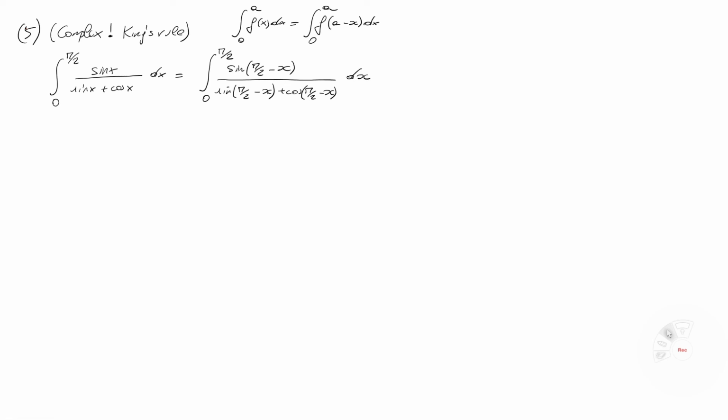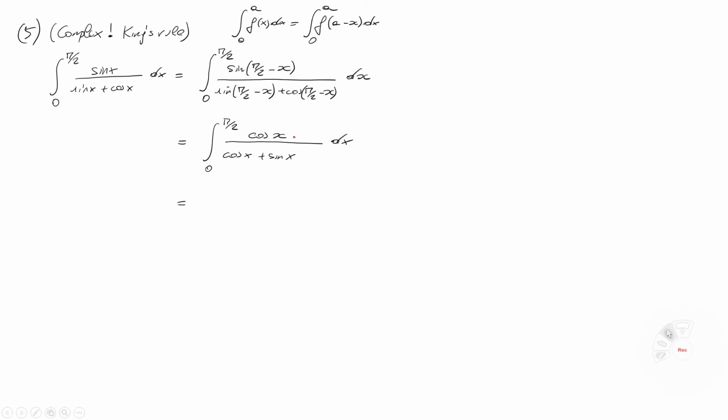And this might look even more complex than what we started from, but now let's use our trigonometry formulas and write this as the integral of cosine x in the numerator and then cosine x plus sine x dx. This looks very similar to what we started from, except we have a cosine in the numerator and we started from a sine originally.